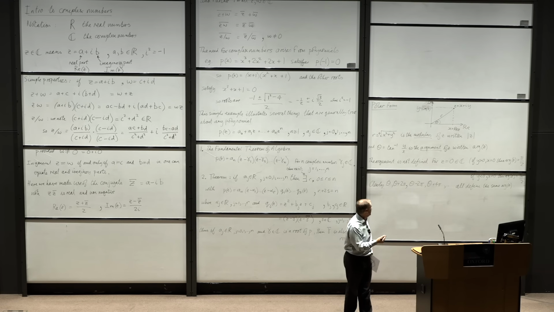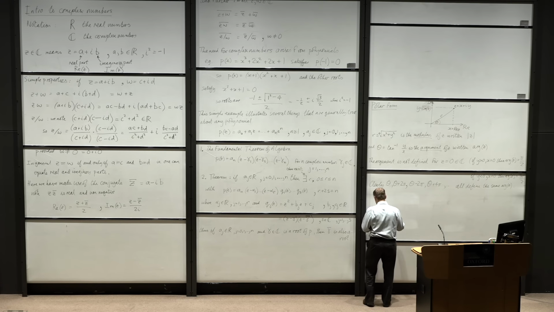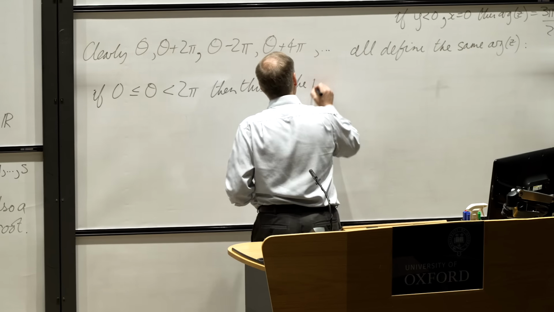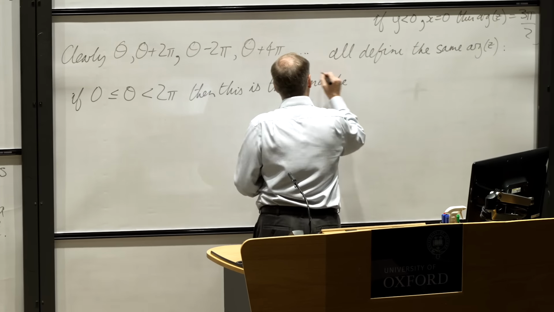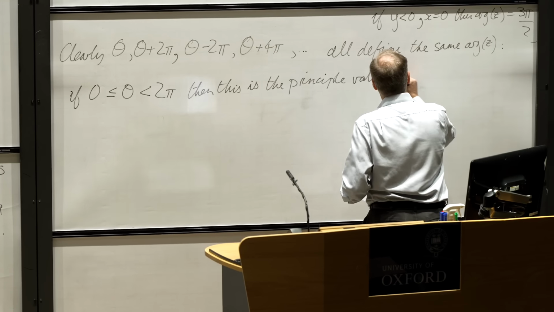That is, if you give me an argument of theta plus 18 pi, that's exactly the same argument as the number that has theta as its polar angle. Right? I should just tell you, if 0 is less than or equal to theta, and this is less than 2 pi, okay, then this is the principal argument. The principal value for the argument.